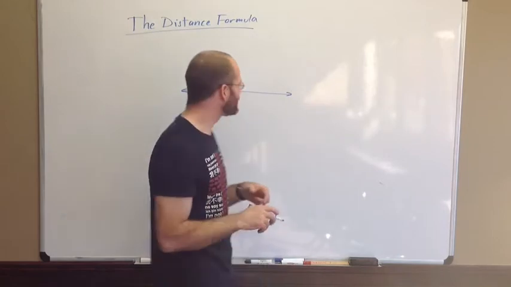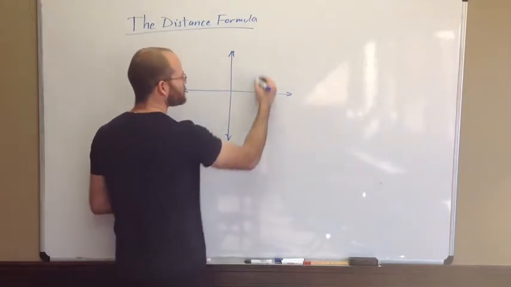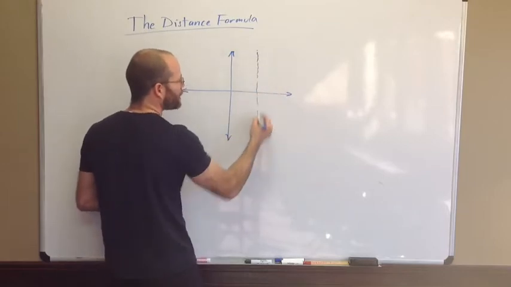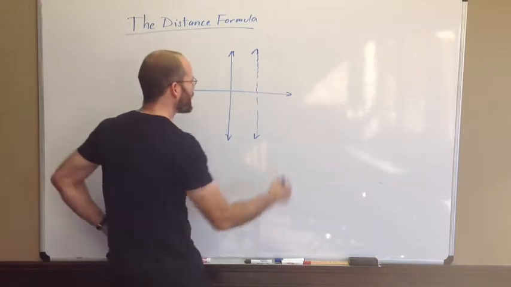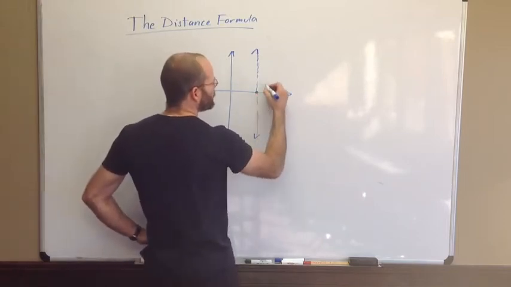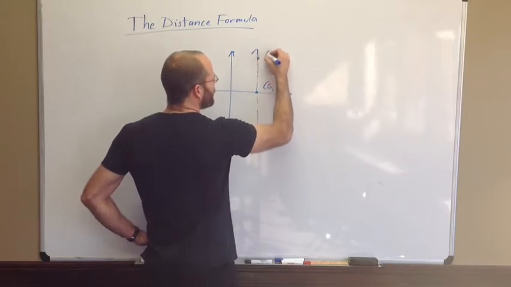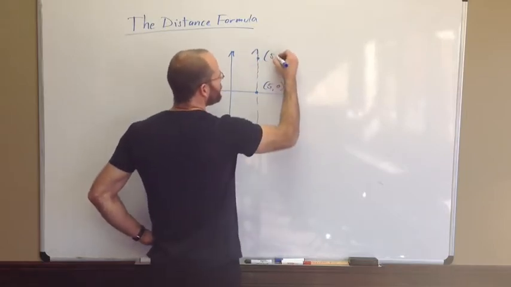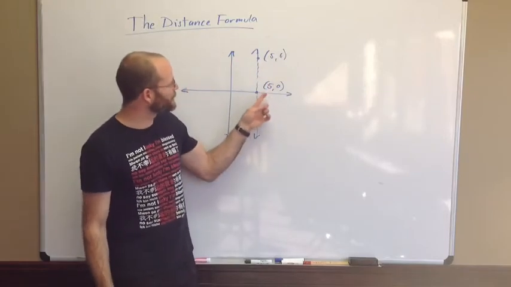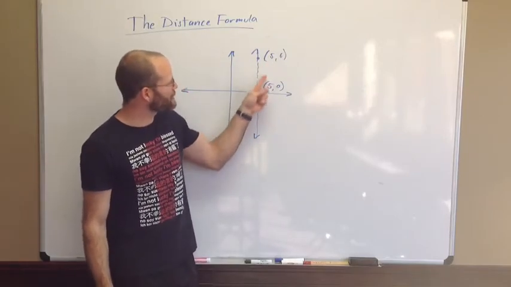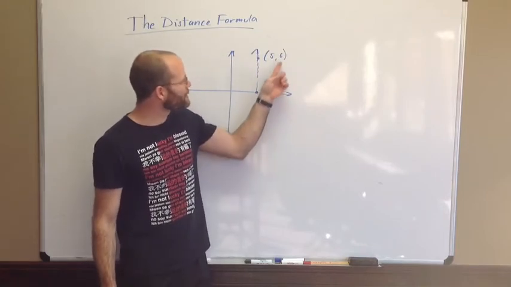We were able to find distances in the coordinate plane so long as the distances were on a single vertical or horizontal line. For instance, if we had the point 5, 0 and a second point 5, 6, we realized we could tell the difference between these because the 5s tell us that they're on the same vertical line and their y values are 6 units apart.